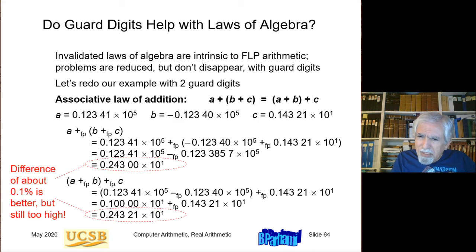Now, even though this is better, the difference is much smaller than in the original version without guard digits. The error of about 0.1% is still too large for comfort. So guard digits do not eliminate the invalidation of laws of algebra. They just help improve the accuracy a little bit.